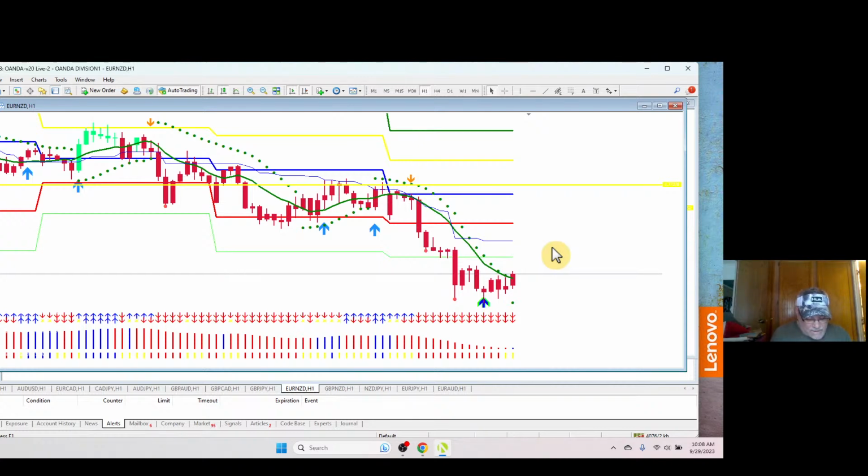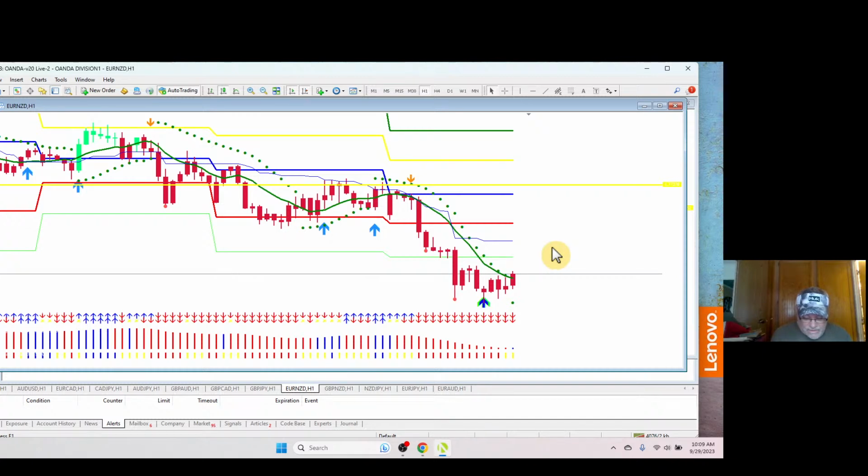So I had a $5 loss on the pound Aussie. That was a long. Earlier this morning I had a break even on the pound yen. That was my first trade this morning. The Aussie dollar just hit profit target, and because it was a half, I had to take the whole thing off. But that's a $15 profit.